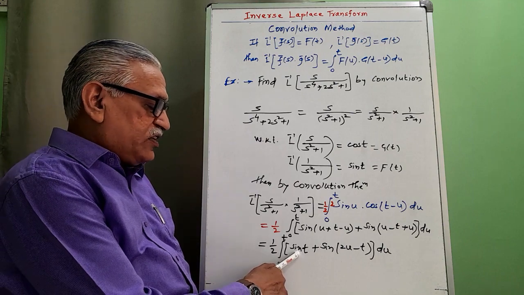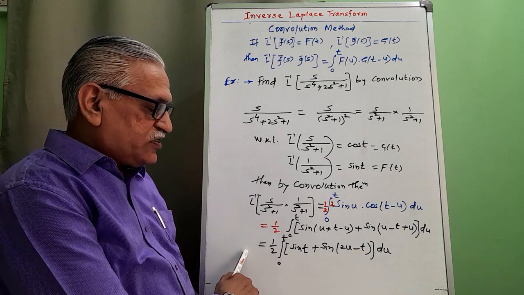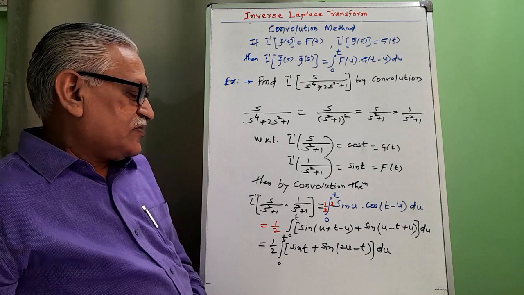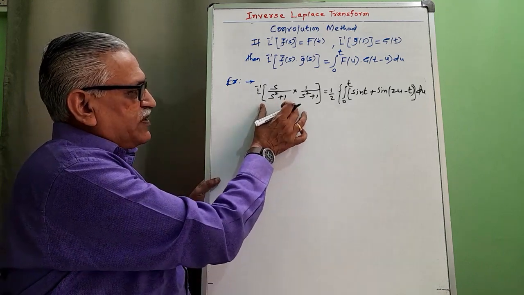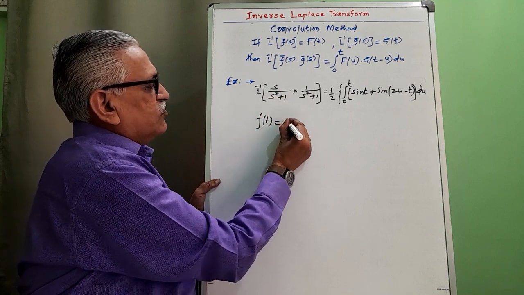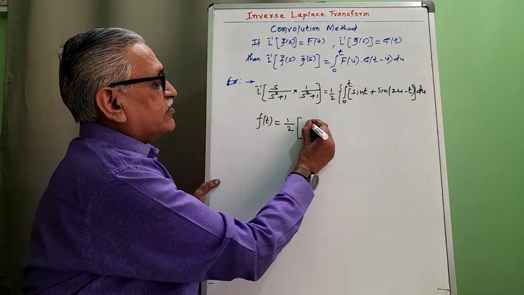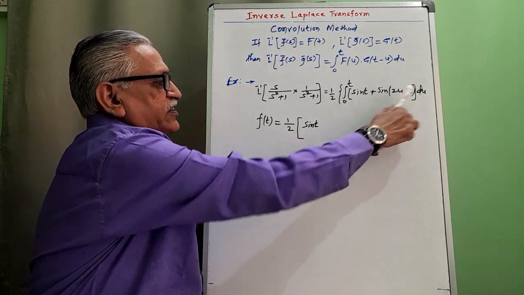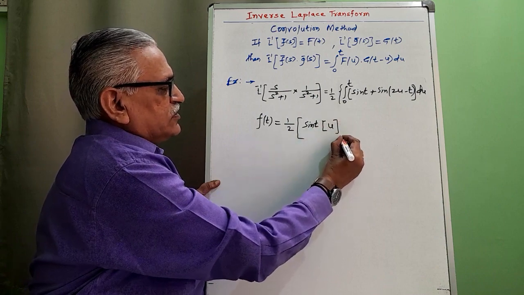Therefore, integrating this with respect to u, sin t is a constant term with respect to u. We have to take it outside the integral sign, and integration of sin is minus cos. Therefore, performing that step, we get the inverse of the left hand side, f of t, is equal to 1 by 2 times sin t, which we take outside as it is a constant term with respect to u, and integration of du is u, limit from 0 to t.